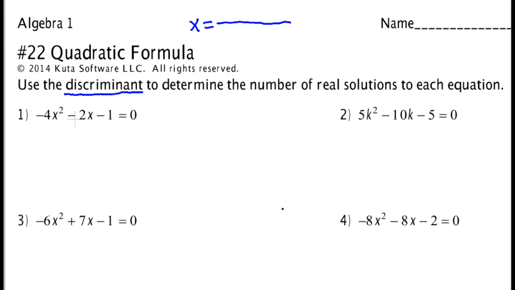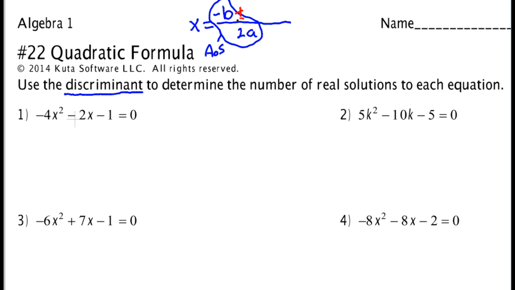Open-ended question, you should say, okay, in the quadratic formula, negative b over 2a is called the axis of symmetry. It helps you find the vertex if you're not using the vertex form.